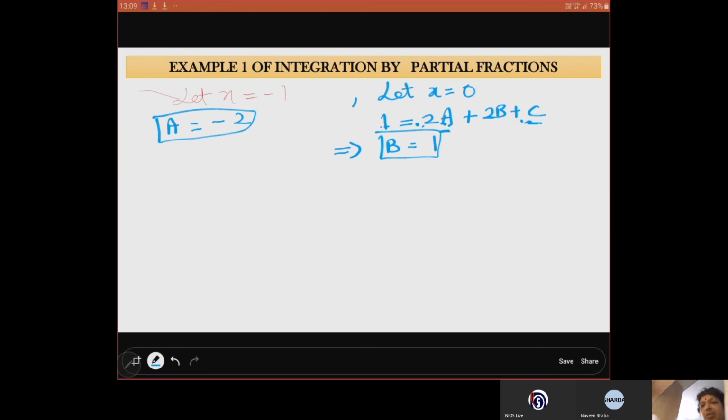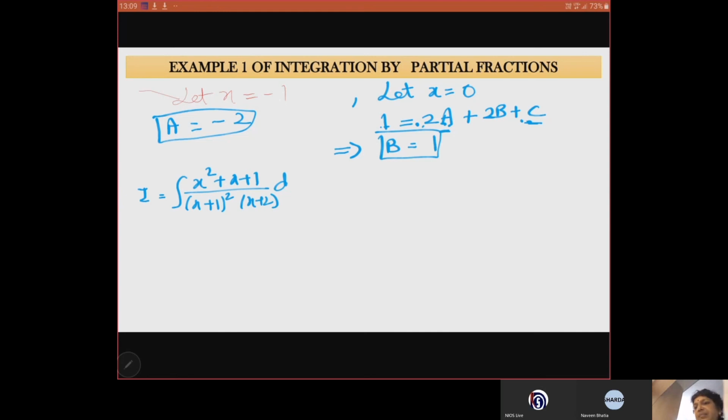So now what happened to our question? Our question was the integral of x squared plus x plus 1 upon x plus 1 whole square into x plus 2 dx, which we noted as a upon x plus 1, with a being minus 2, plus b upon x plus 1 whole square, with b being 1, plus c upon x plus 2, with c being 3.